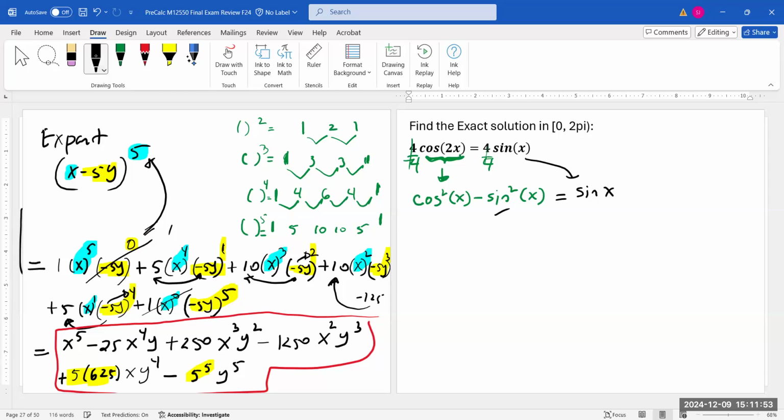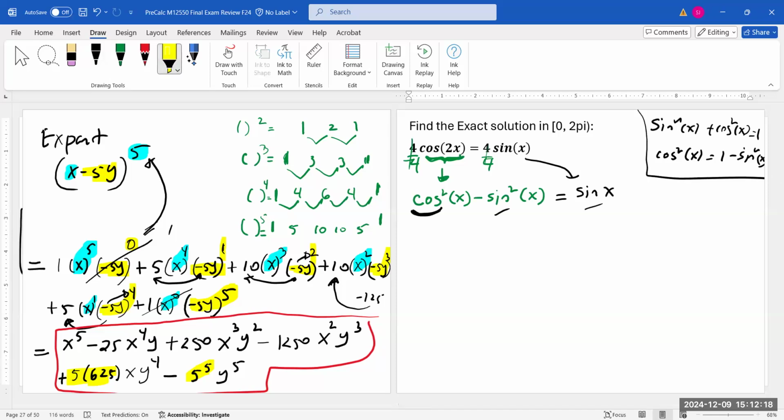So since we have two sines, we are going to keep the sine and rewrite cosine squared in terms of sine. We know sine squared plus cosine squared gives us 1. That means cosine squared is 1 minus sine squared.